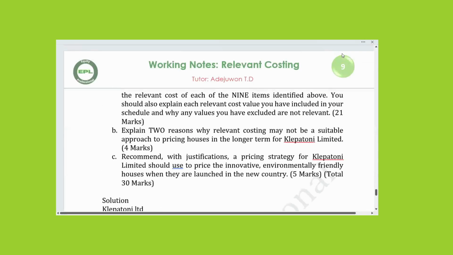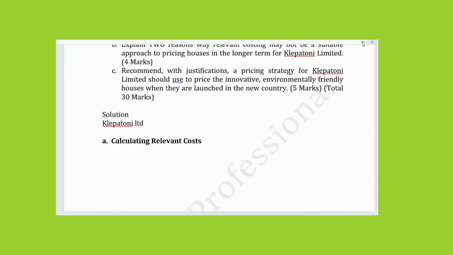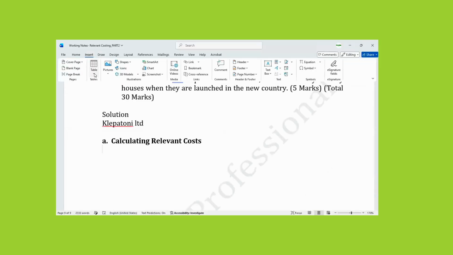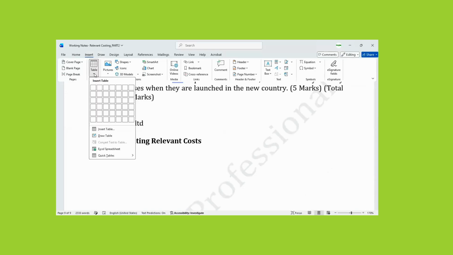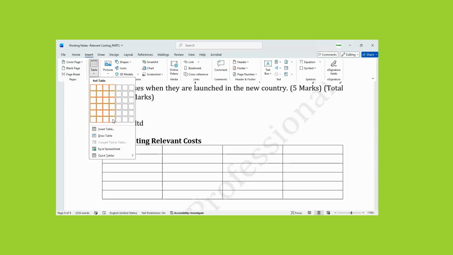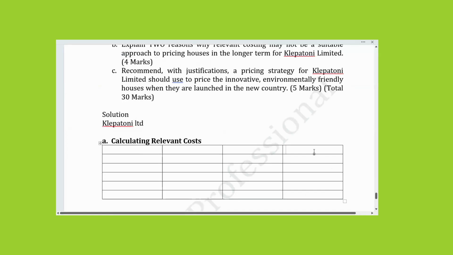Then let me introduce my table. To do this, you are going to create about 2 or 3, 4 columns at a minimum.